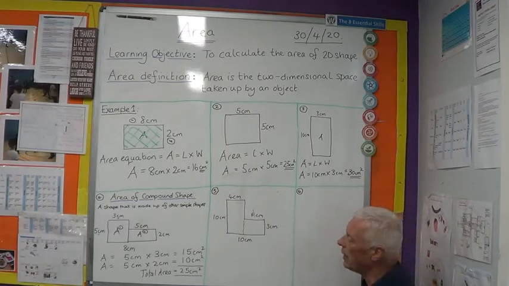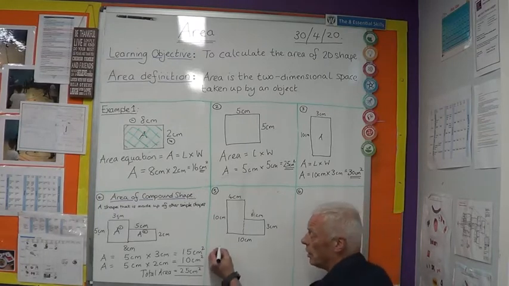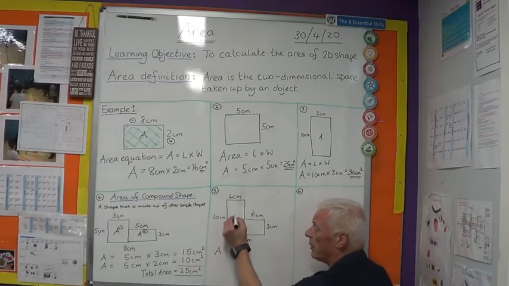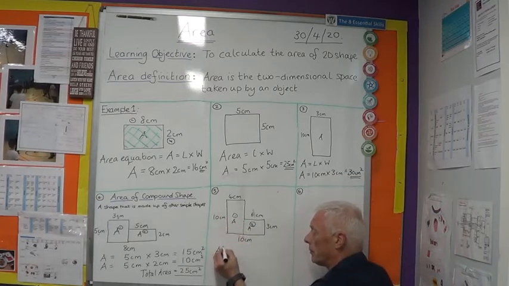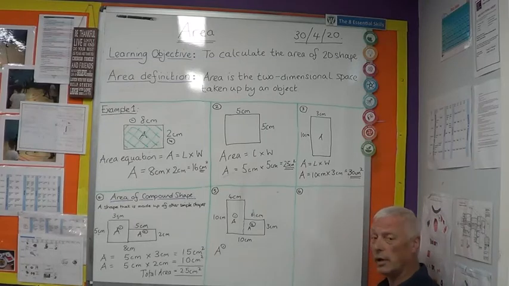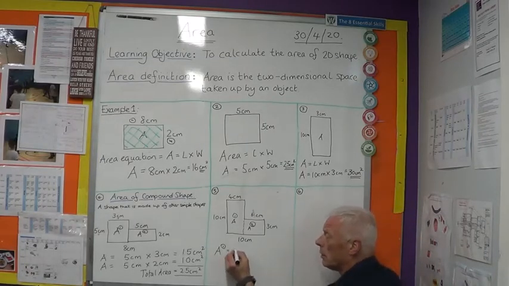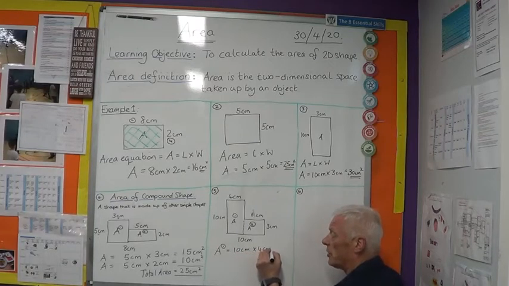And what I'm going to do then is work out the 2 measurements. So the area of rectangle 1 is 10 centimetres times 4 centimetres.